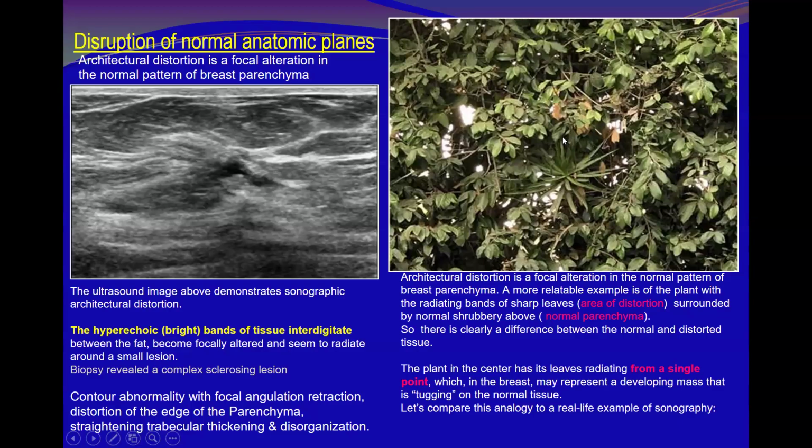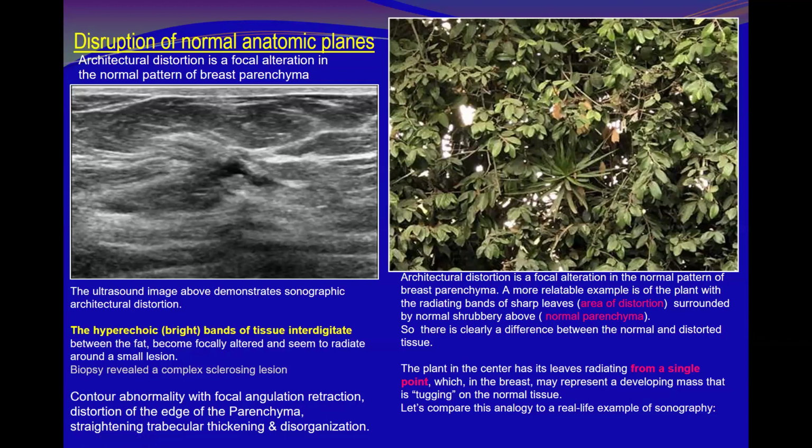These leaves are a little bit sharp and pointing toward the center, or extending or radiating from a single point. This obviously looks different. So this represents a distorted area compared to all the similar structures surrounding it.